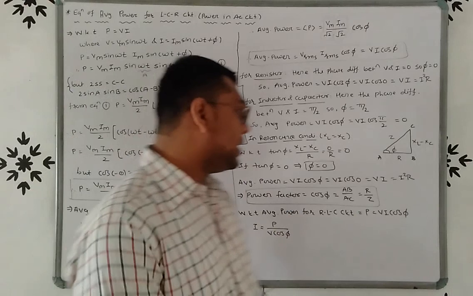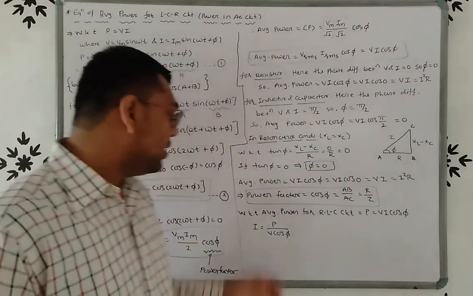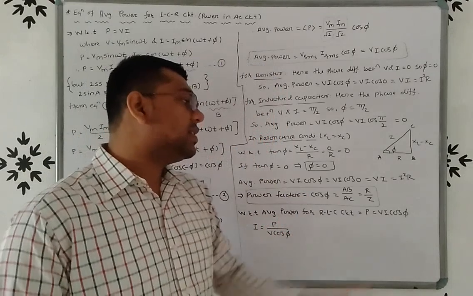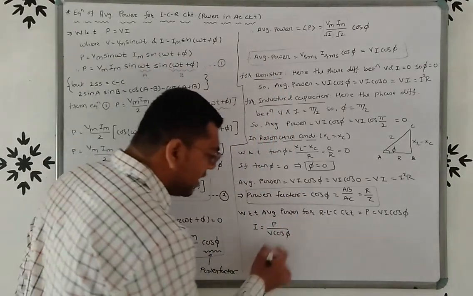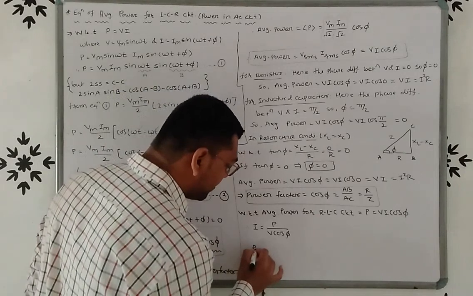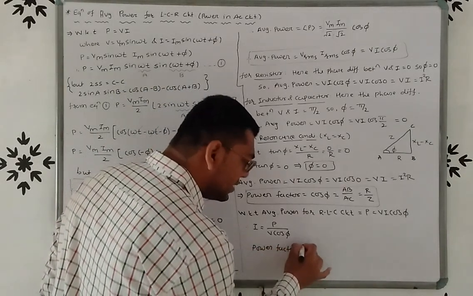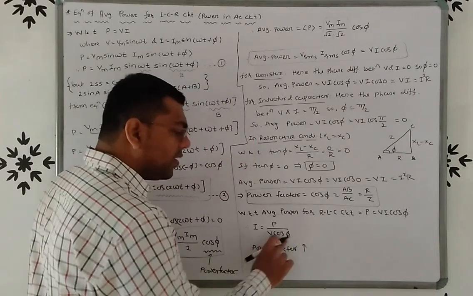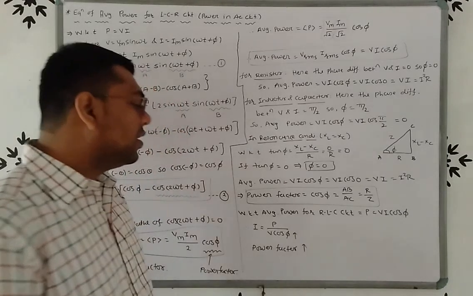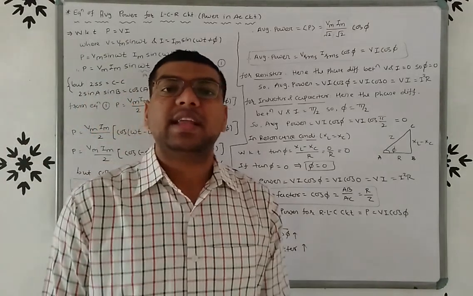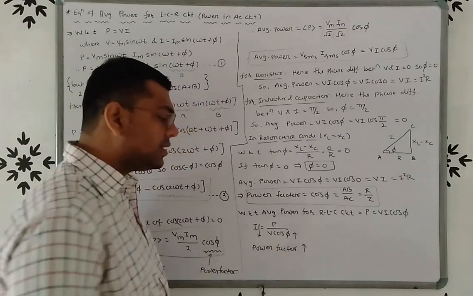Now see, here we discuss one concept. Here we know that power P is equal to VI cos phi. Now if the value of power factor, that is cos phi, is very high, then we know that the value of current is less, right?